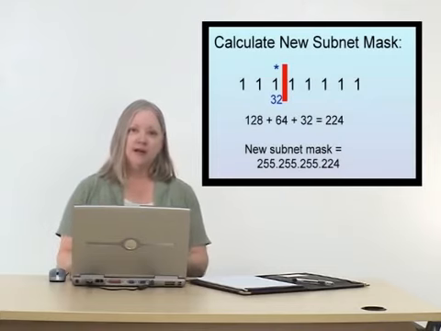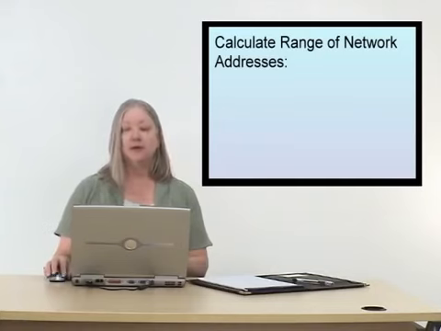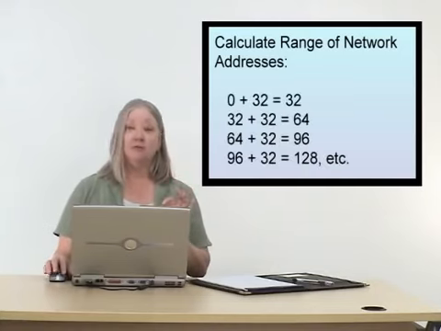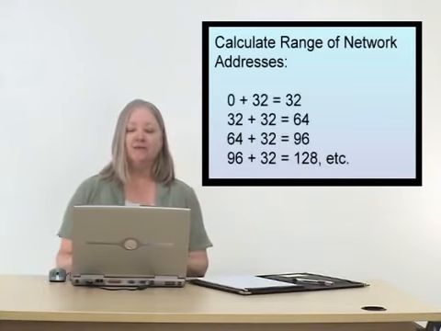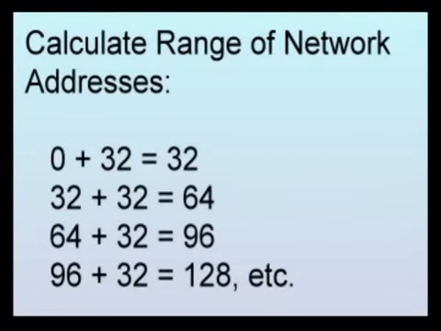But what if they've asked for the range of valid network addresses? We're going to use our increment, or magic number as I like to call it, and keep adding it. We're going to start at 0, add 32, and then continue to add 32 to the result.